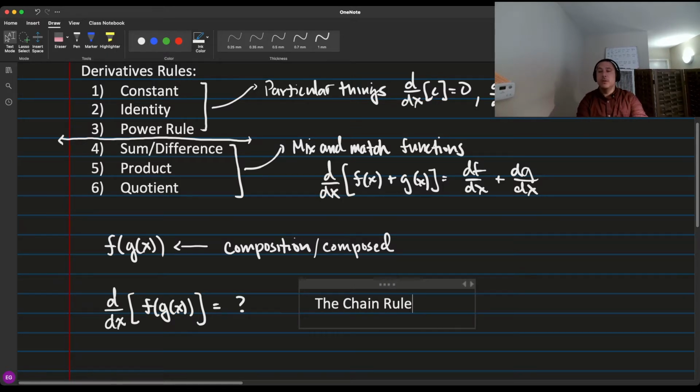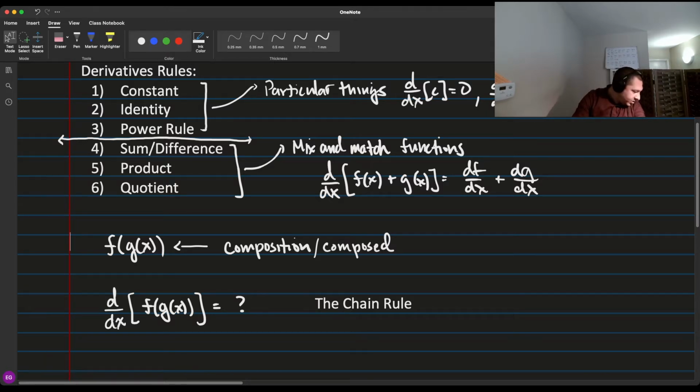It's sort of weird. You should call it the composition rule, but we call it the chain rule. It's called the product rule because it tells you how to take the derivative of a product. This should be called the composition rule because it tells you how to take the derivative of a composition. Instead, we just call it the chain rule.